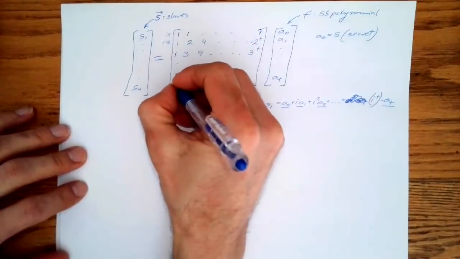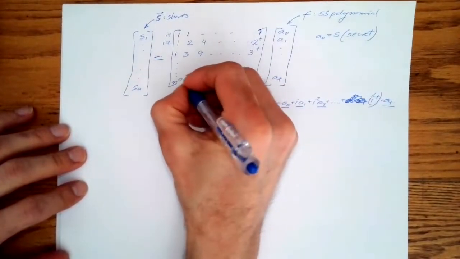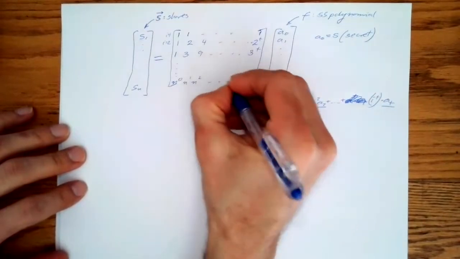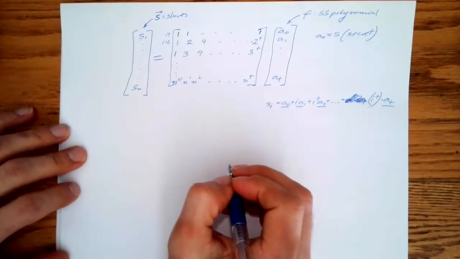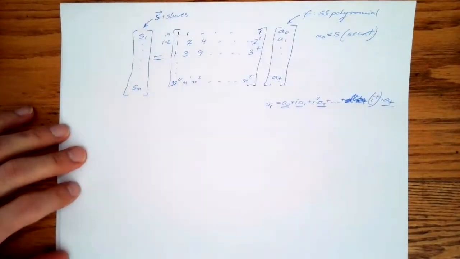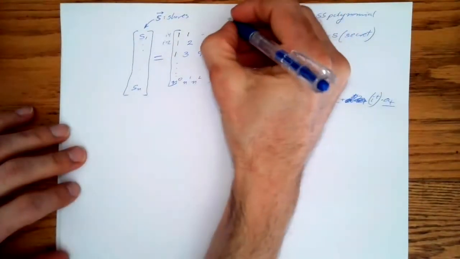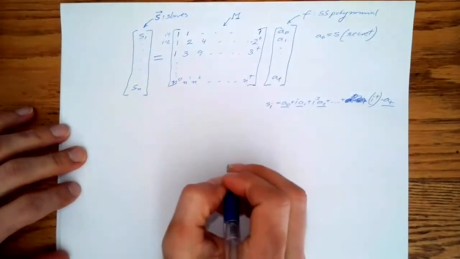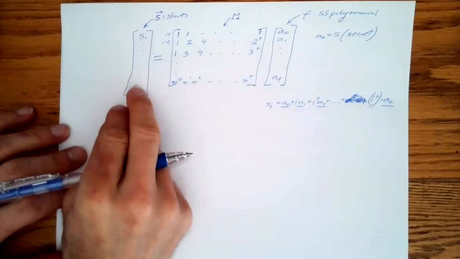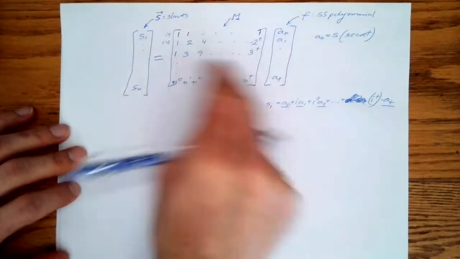So in general, they look like this. Call this matrix M. Secret sharing is just evaluation of this product.